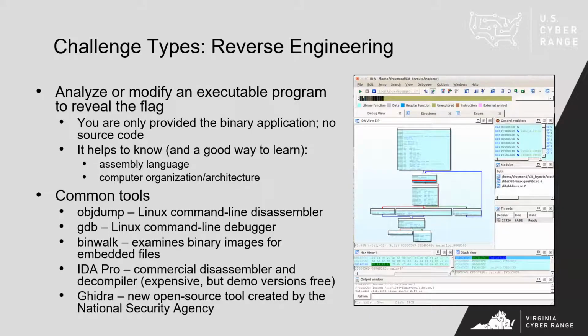Some of the common tools that you might use when you're analyzing these programs are things like objdump. That's a Linux command line disassembler. It takes the executable program that is stored as binary values in memory, and it disassembles it.